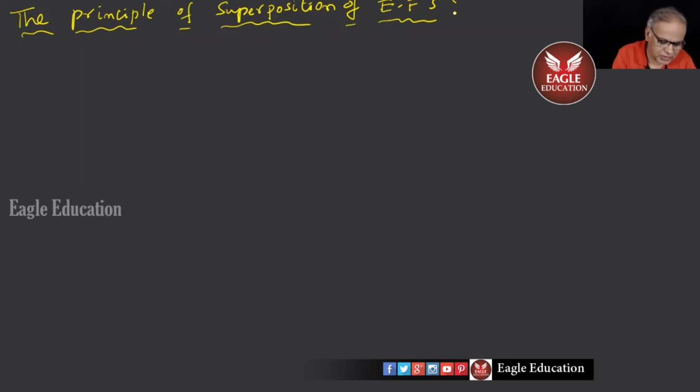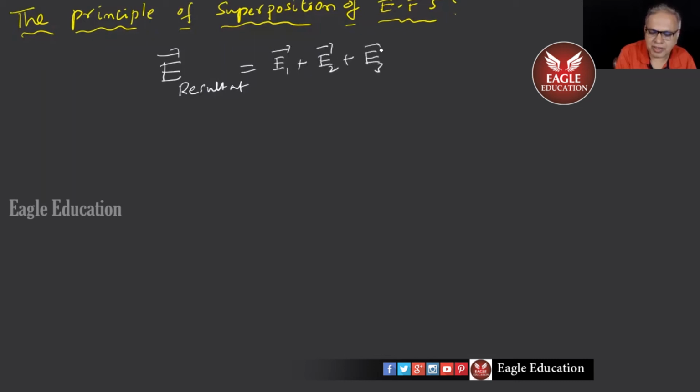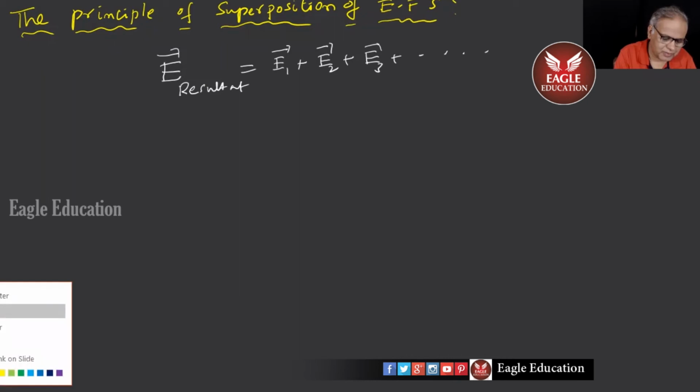If I just show it in equation form, it is like this: E resultant, E is enough actually, but I'll still write E resultant, is equal to E1 bar plus E2 bar plus E3 bar plus and so on. This is our principle of superposition in mathematical form.